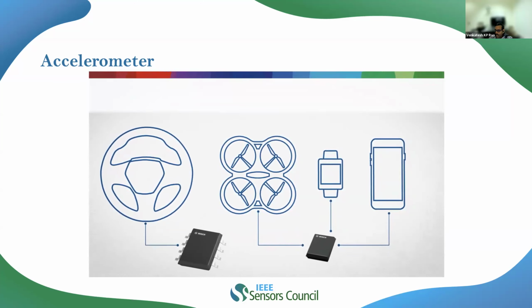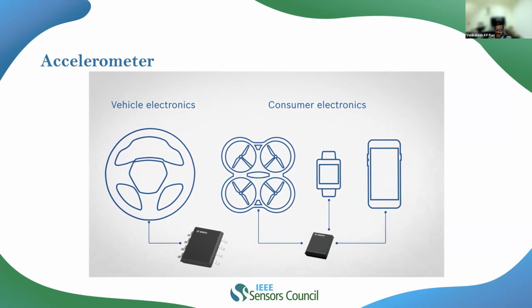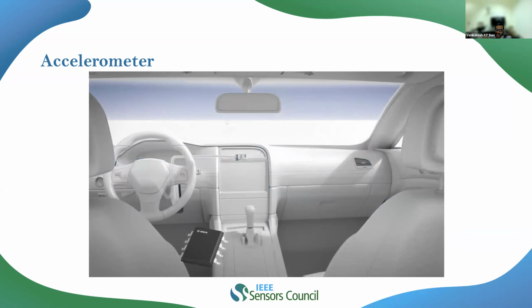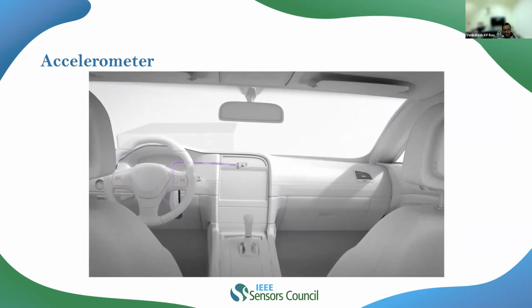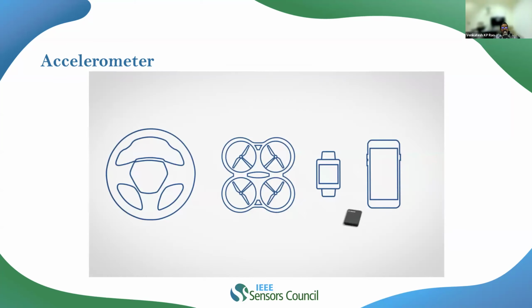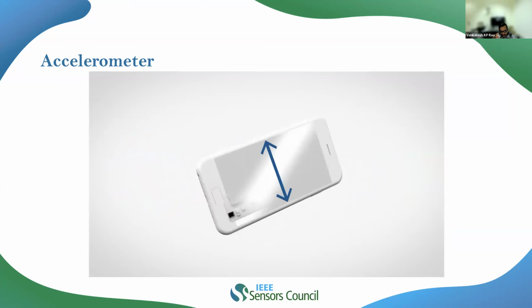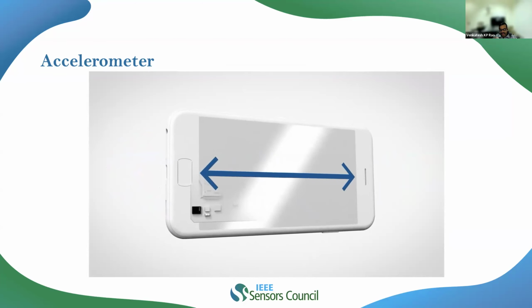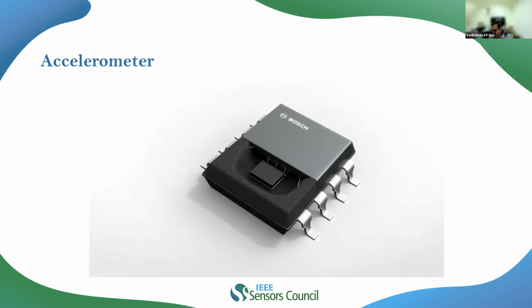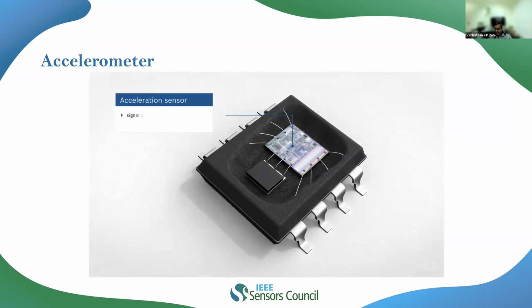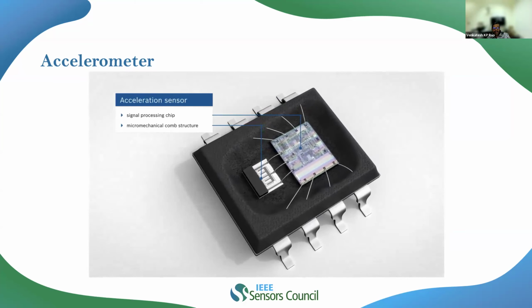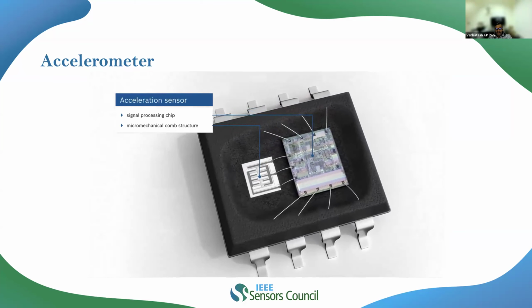So, right here, accelerometers are almost everywhere nowadays, starting from your mobiles to even wearable electronics, everywhere it is there. It has a signal processing chip and an accelerometer.